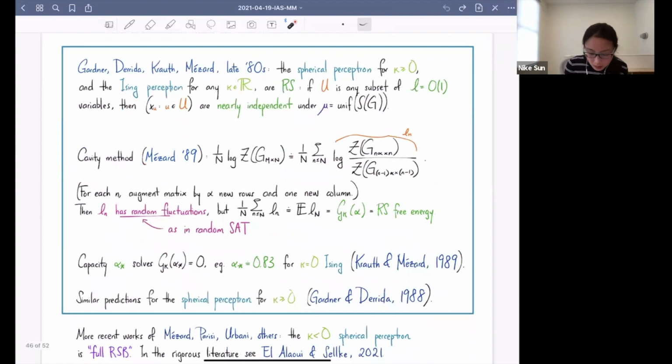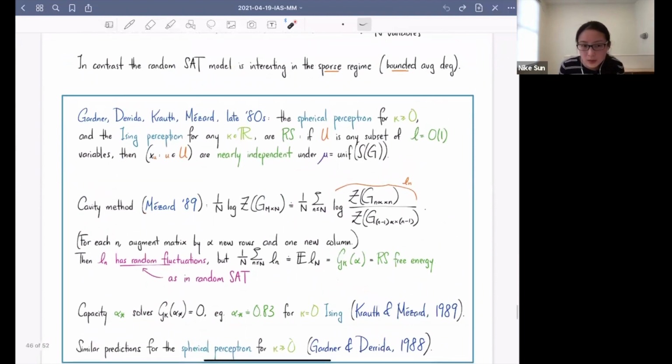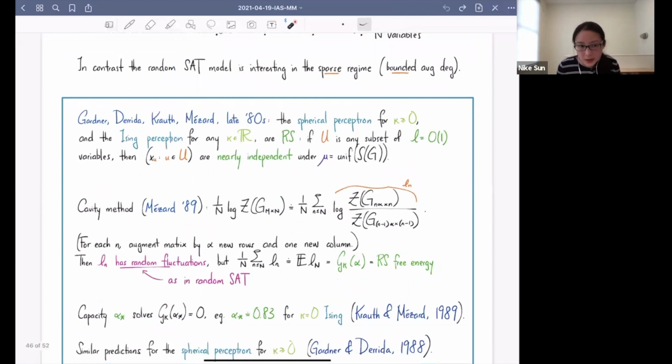Then you can again do a sort of cavity type calculation, although the cavity here is even more simple, because you again have a telescoping set of operations, and to get from one system to a larger system, it's very easy. You just add new rows and new columns, and you preserve the row to column ratio.